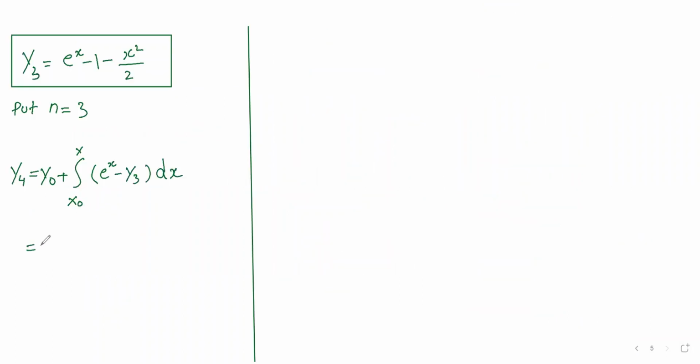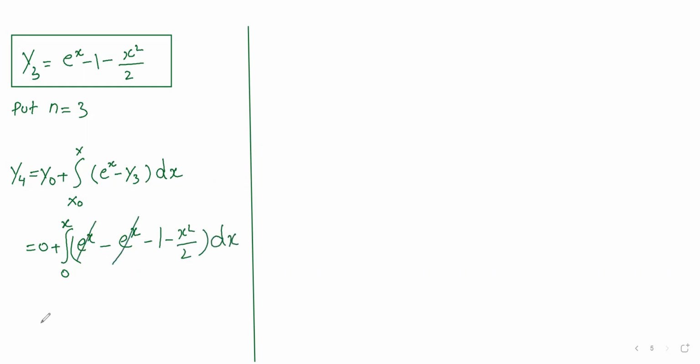So it is 0 plus the integral from 0 to x of e^x minus y3. y3 was e^x minus 1 minus x squared by 2, dx.